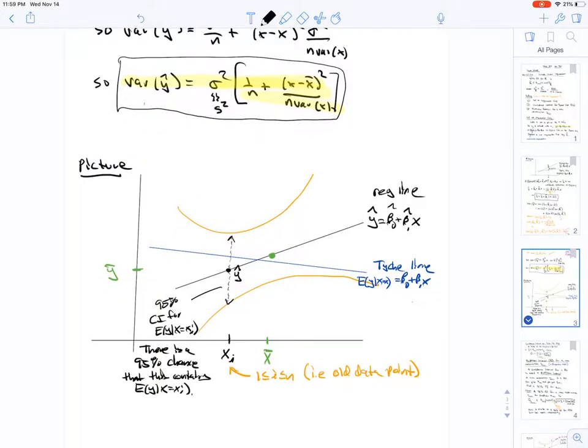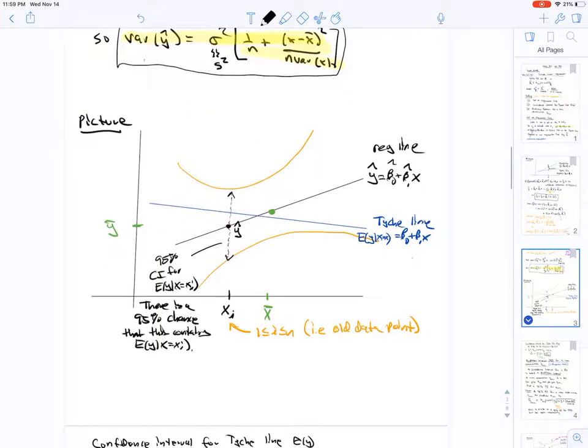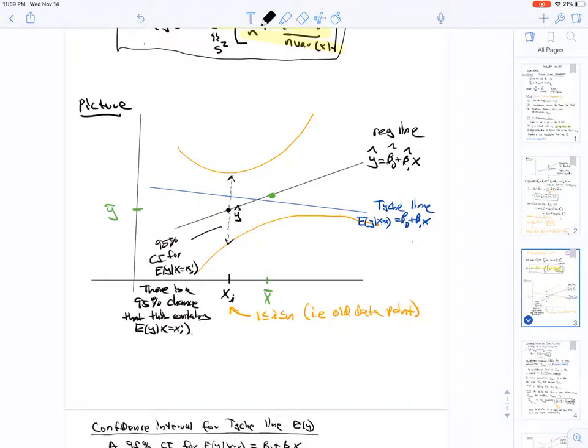The error bars are centered around the regression line, and there's a 95% chance that your interval contains the conditional expectation of y given x at whatever x value you're looking at.